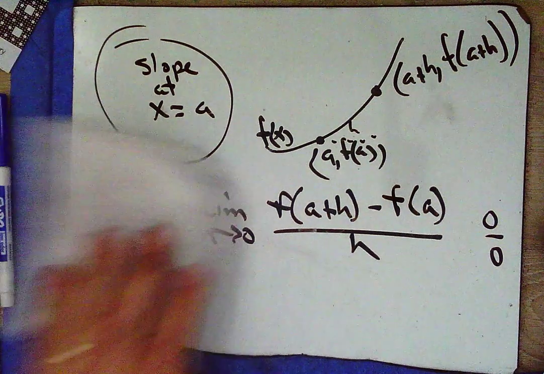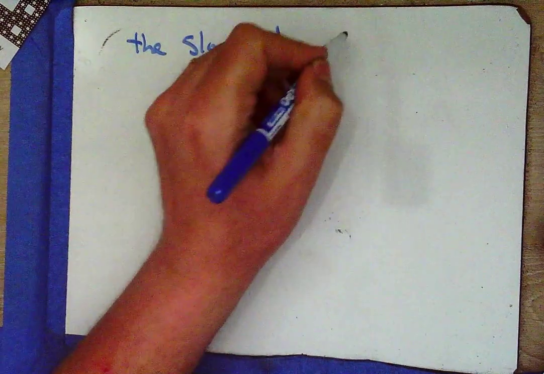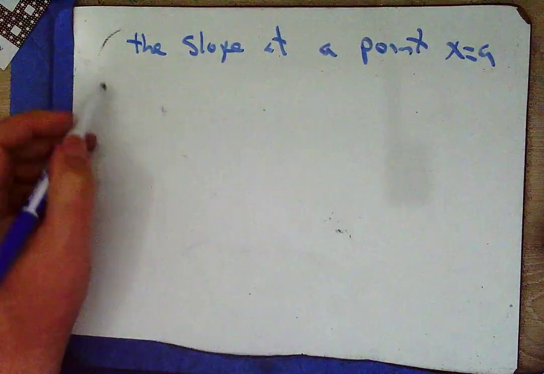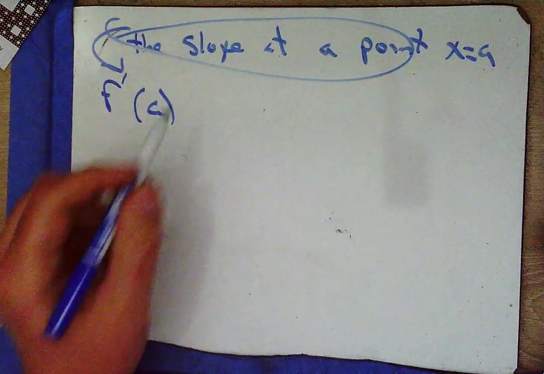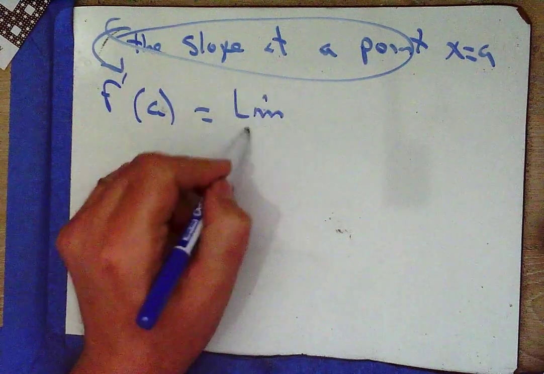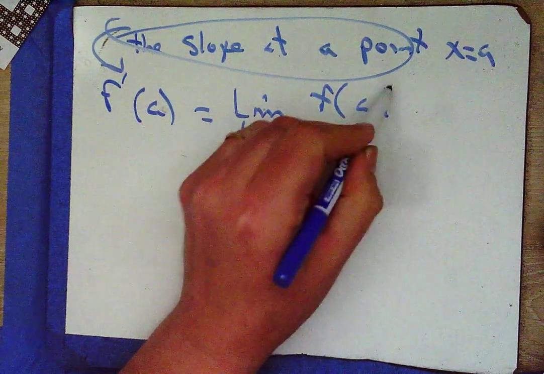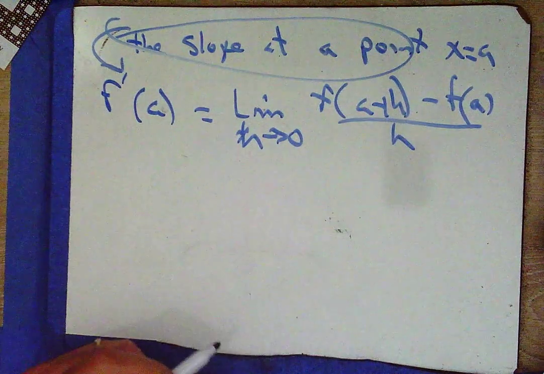So let's continue. Because we've got some variations on this, the slope at a point x equals a. We said that f prime of a, that's the slope at a, is equal to the limit as h heads to 0 of f of a plus h minus f of a all over h.